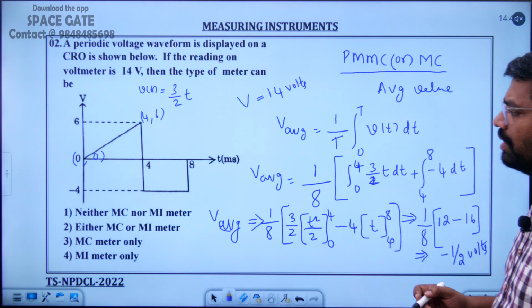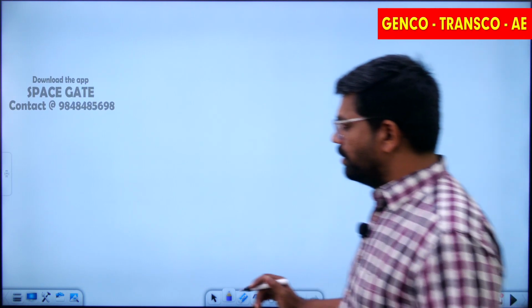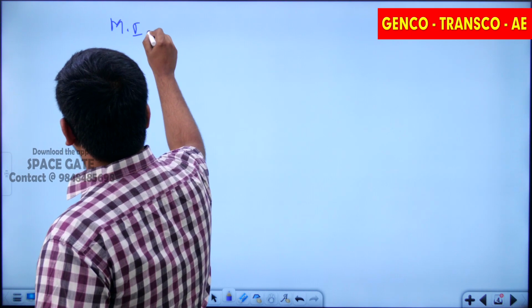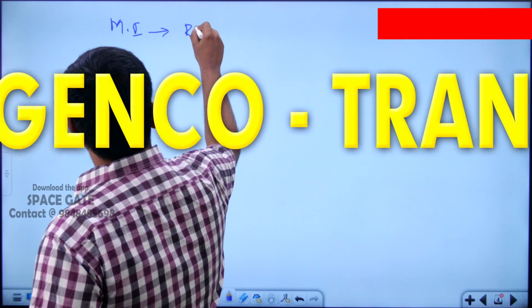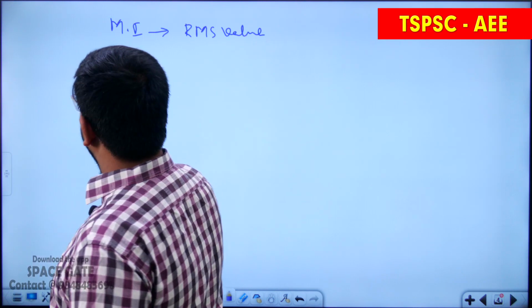If you go with the MI instrument, what will it read? The MI instrument will read the RMS value. How to find RMS?